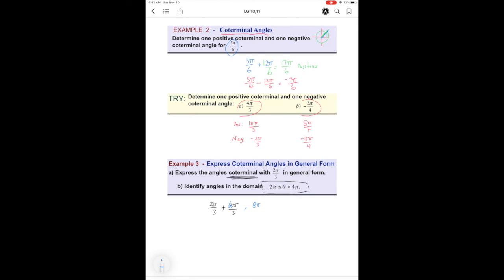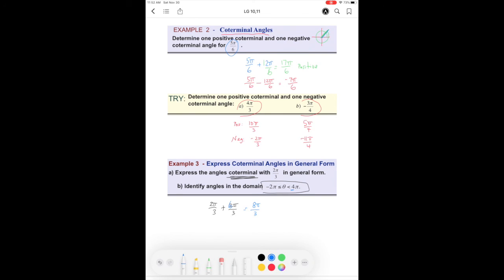So the first one we get is 8 pi over 3. And now, if we look at 8 divided by 3, that's something like 2.666. So it's within that domain.